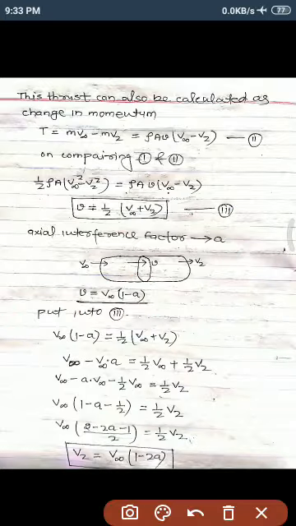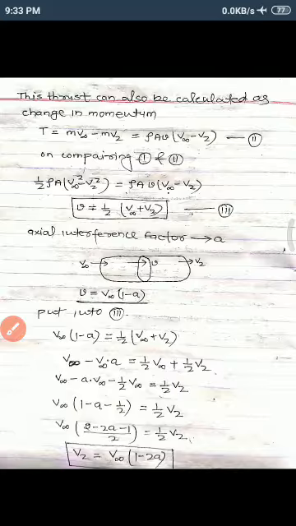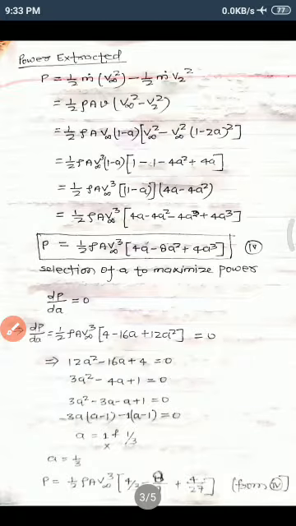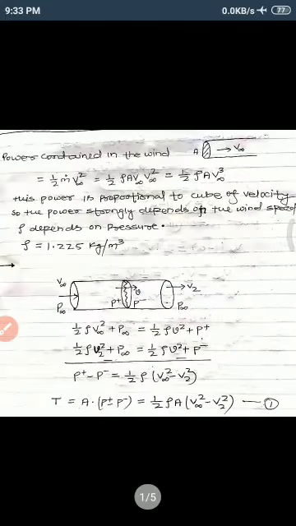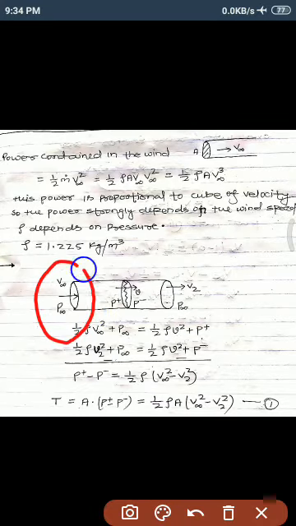The value of V2 will become V infinite into (1 minus 2A). Again, the power extracted from the wind can be calculated as the total energy at this end minus the total energy at this end.